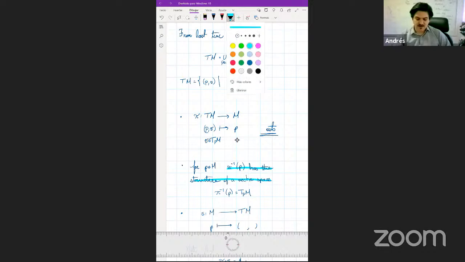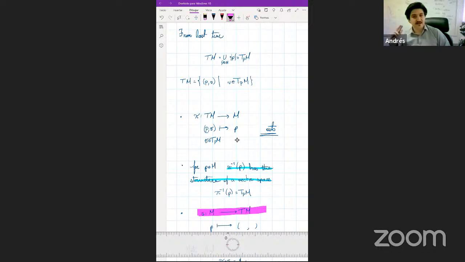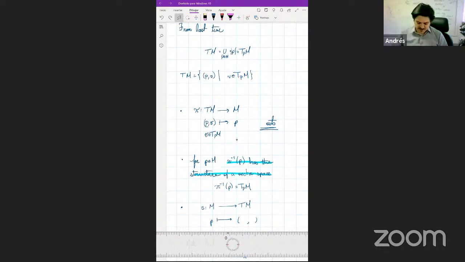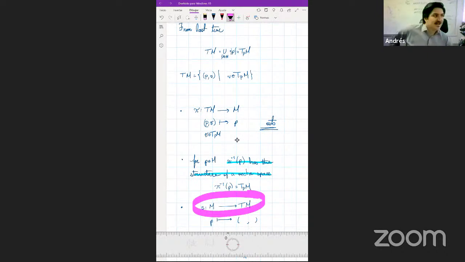Now, also in this language, I would like to define some functions that go the other way around, from the manifold to the tangent space or the tangent bundle. So it is a function, and this is also one motivation of why TM is important.